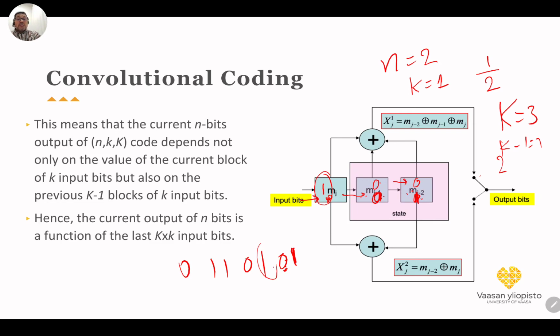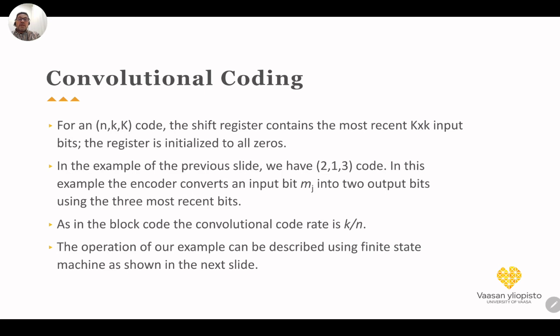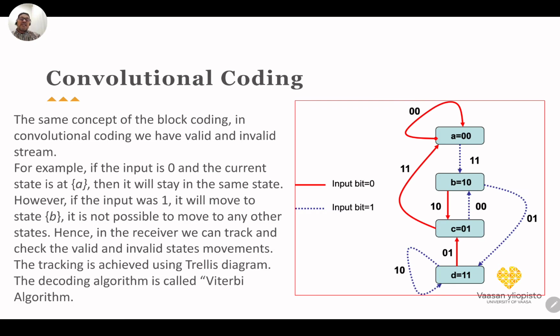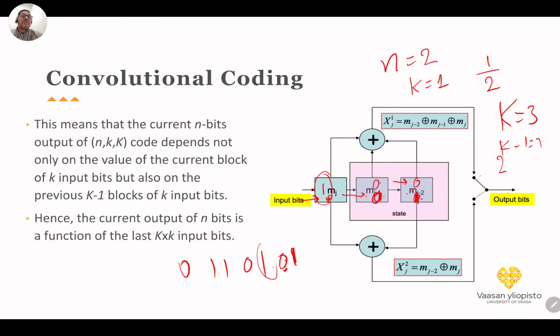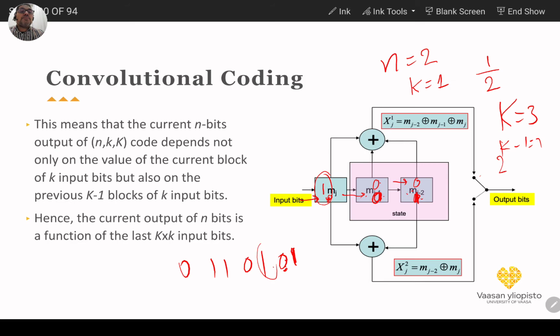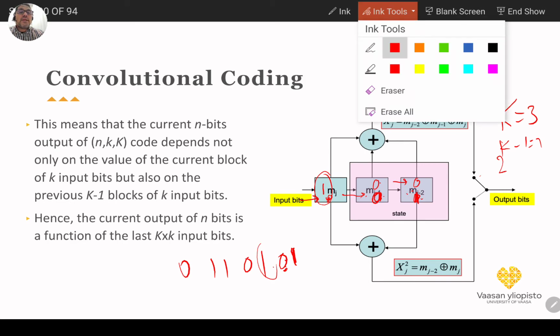Okay, so if we check how the states are moving, we can see here the finite state machine. These are the states of the convolutional code. It was 0 0, as we showed before. If the input is 0, it will move to the state 0 0. Let me just erase this.